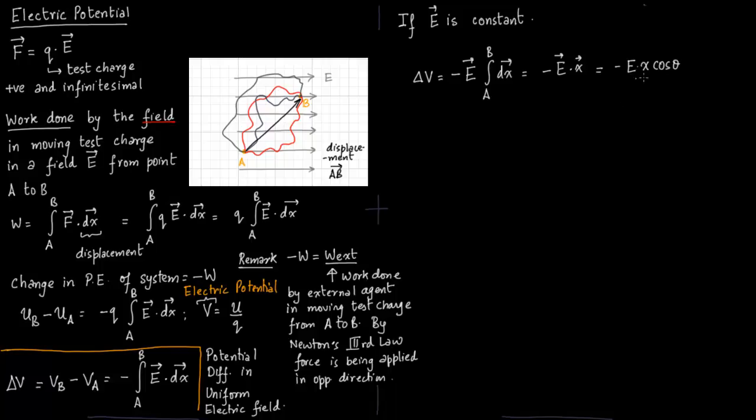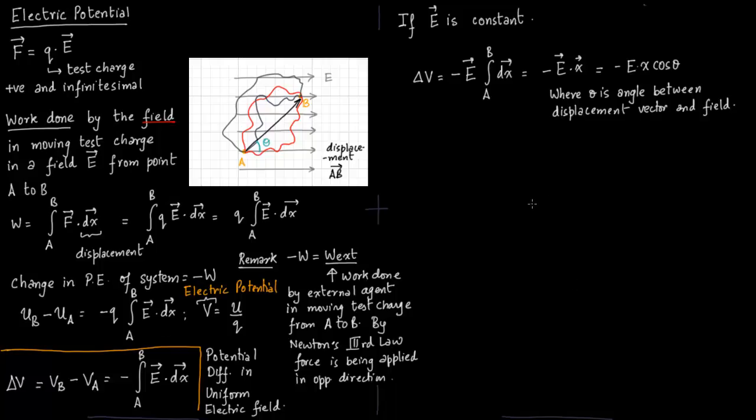You can write it as minus E times X cos theta, where theta is the angle between electric field and the displacement. So let us draw theta in the figure we have already drawn. AB is the displacement and you have angle theta between the electric field and the displacement.